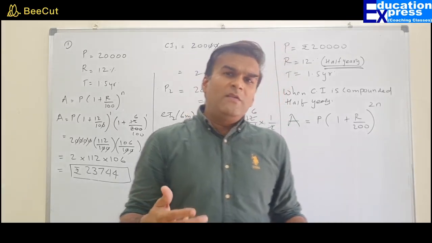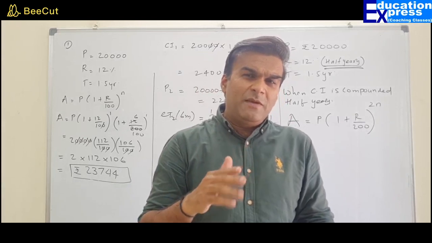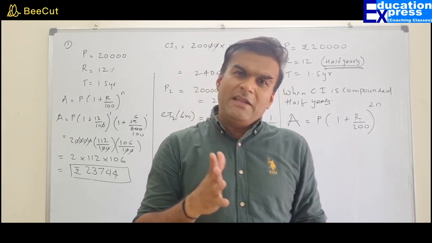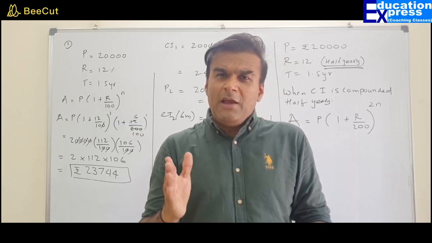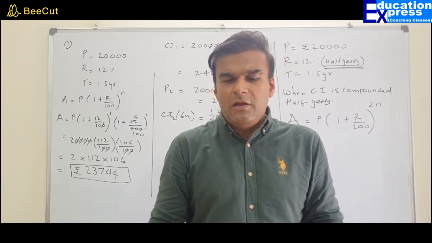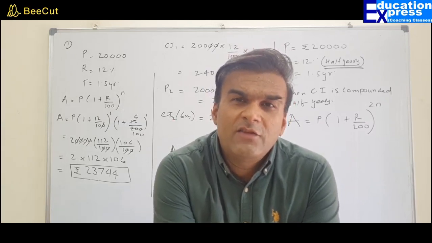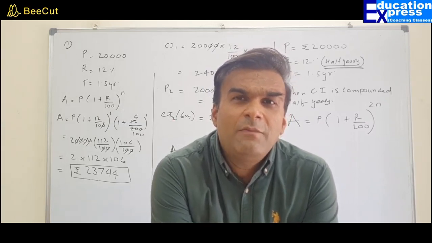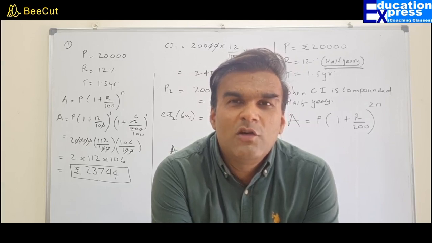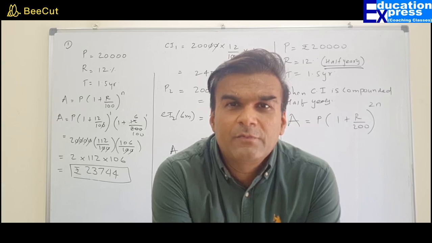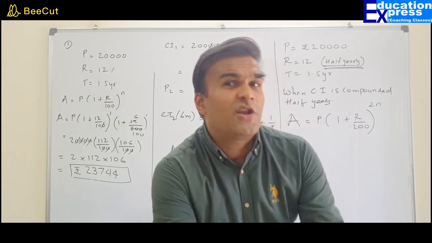So though Kotak Mahindra Bank is giving me 5% in 6 months and 5% in the next 6 months, so total Kotak Mahindra Bank is giving me 10% only, and State Bank of India is also giving me 10%. But because Kotak Mahindra Bank is giving me 5% after 6 months, that 5% can be used for the purpose of getting extra money. Now how this will happen, I will show you with the help of an illustration also.